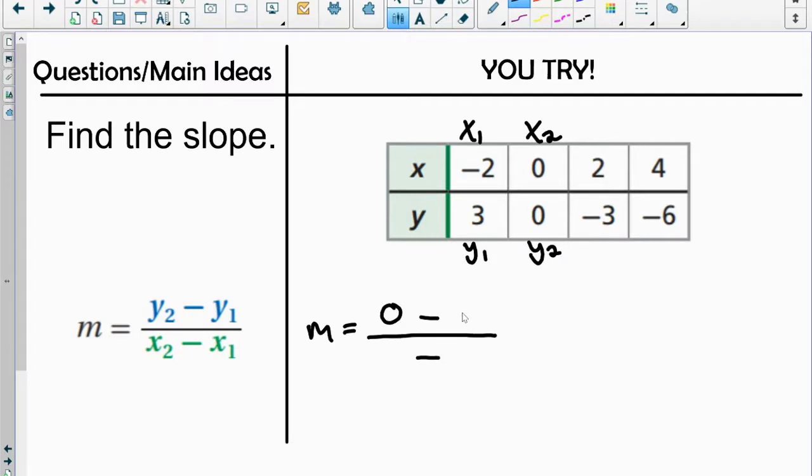Well, that should be our first y coordinate of 3. On the denominator, what number would go first? Our x sub 2, or our second x coordinate, should be 0. And finally, what number goes in the last blank? Our x sub 1, in other words, our first x coordinate, is -2.